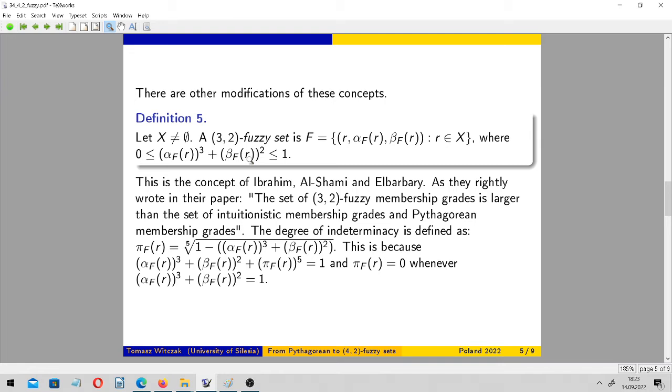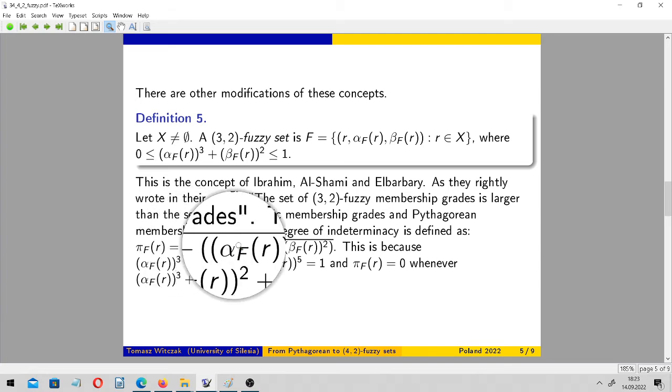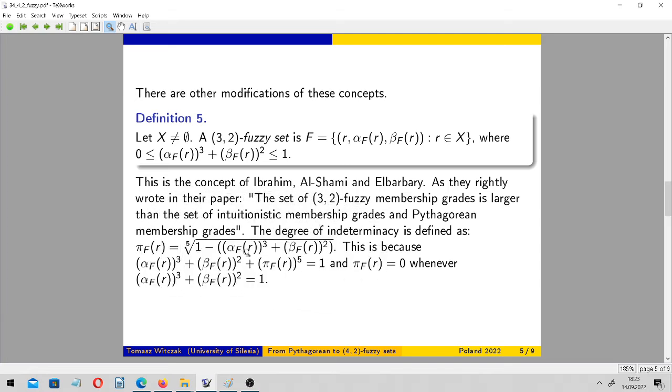And moreover, they define their degree of indeterminacy as the fifth root of, as you can see, 1 minus alpha cubed plus beta squared in brackets. This is because alpha cubed plus beta squared plus pi to the power of 5 gives us 1, and on the other hand, this degree is 0 whenever alpha cubed plus beta squared is 1.